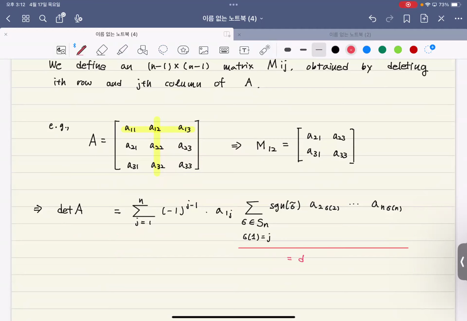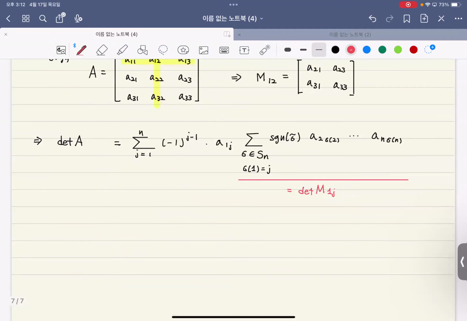This is the determinant of M1j. So it is the sum from j equals 1 to n of minus 1 to the j minus 1 times a1j times the determinant of M1j.